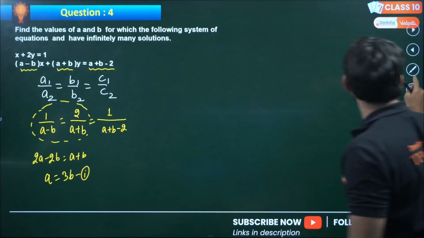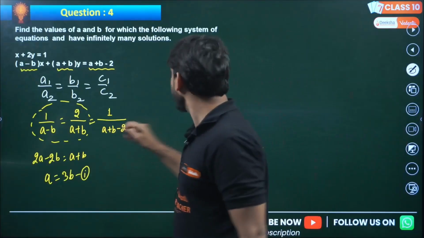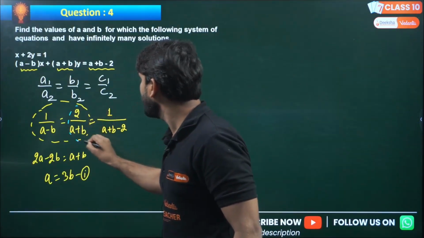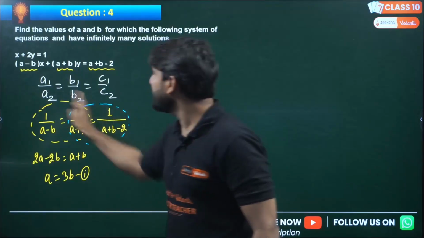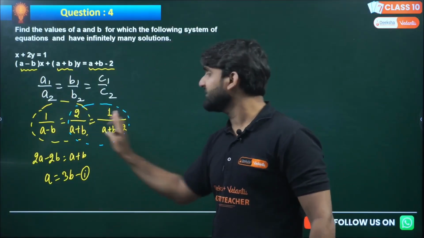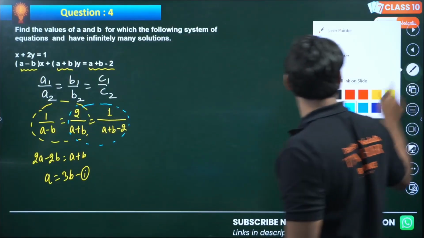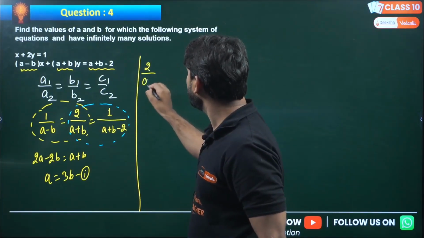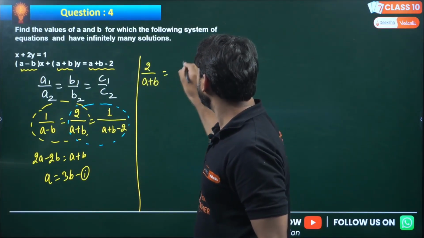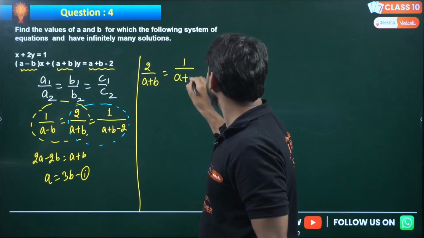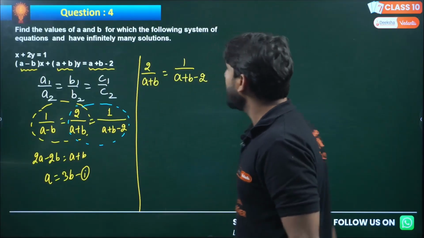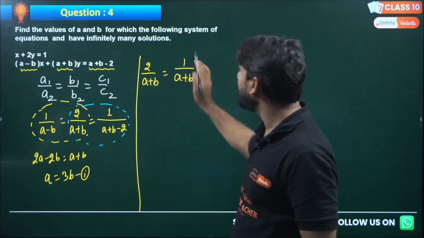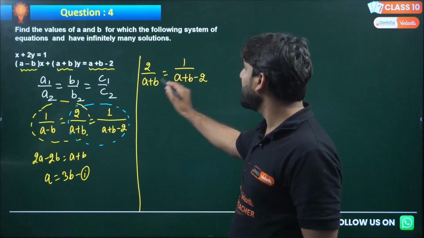Now take the relation, let me use blue color, this one you can take. On taking first and second, we got this relation. Now I'm taking second and third. So what will happen? 2 divided by a plus b is equal to 1 divided by a plus b minus 2. Now again do cross multiplication. So 2 will multiply with a plus b minus 2 and a plus b will be multiplied with 1.